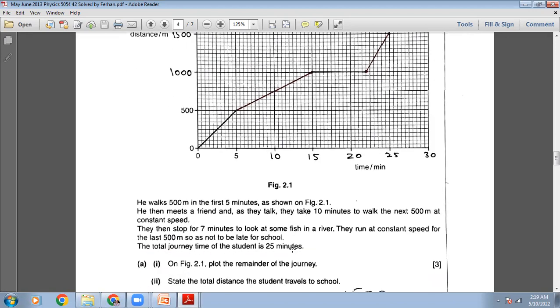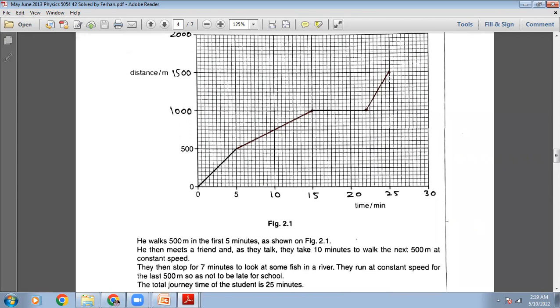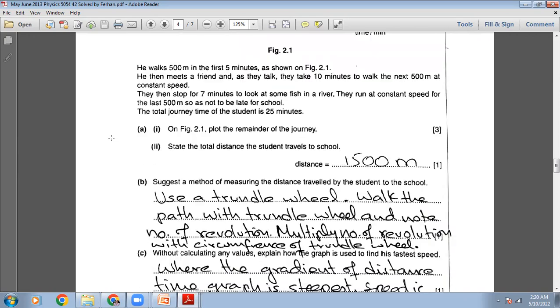And then they ran to their school and they covered 500 meters. And in 25 minutes, the total journey is completed. So at 25 minutes, they have completed the journey. Further 500 meters they have covered. So I put a dot on 25, 1500. I hope you understand this story.